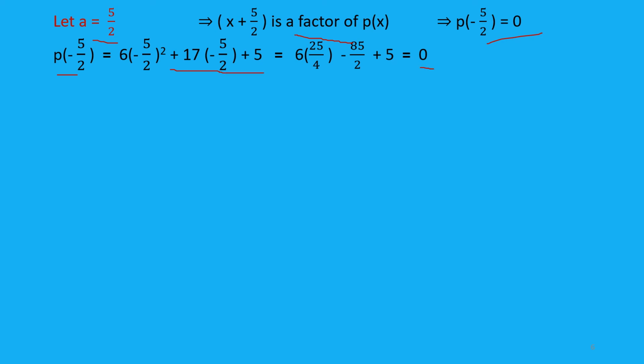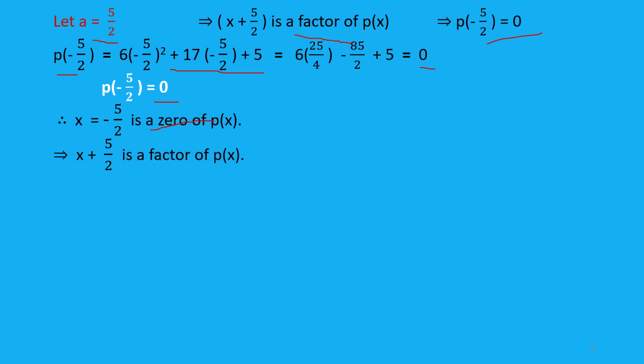And after solving, we are getting 0. So here P(minus 5 upon 2) equals 0. That means x equals minus 5 upon 2 is a 0 of P(x), right? And it implies x plus 5 upon 2 is a factor of P(x).